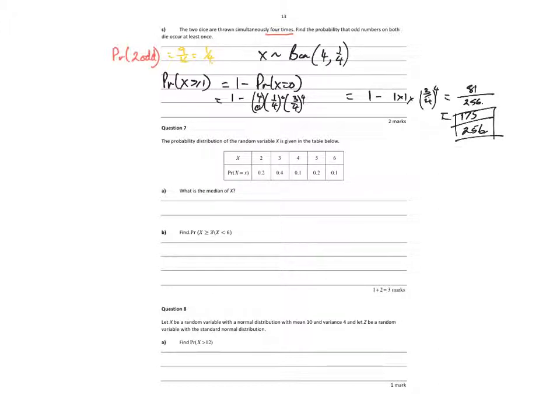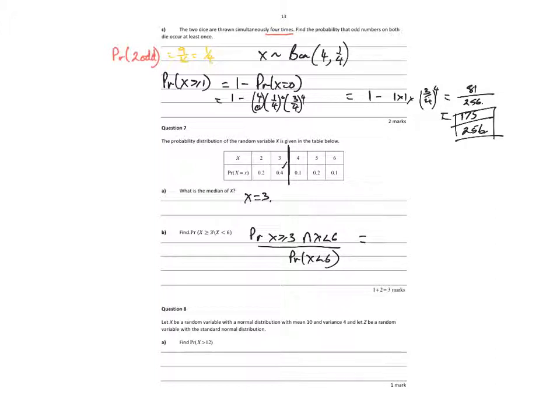Okay. So that's a fairly common one where you might get a probability, then it swings into a binomial. Probability distribution of a random variable is given in the table below. What is the median? Median is when we reach 0.5 for the first time. So there's 0.6 there, so the median is at x equal to 3. Find the probability that x is greater than or equal to 3 given x is less than 6. So that's x greater than or equal to 3 and less than 6 over the probability that x is less than 6.